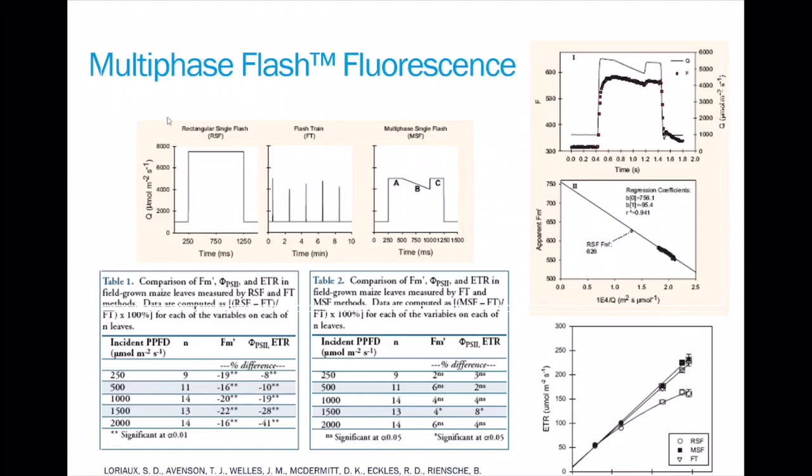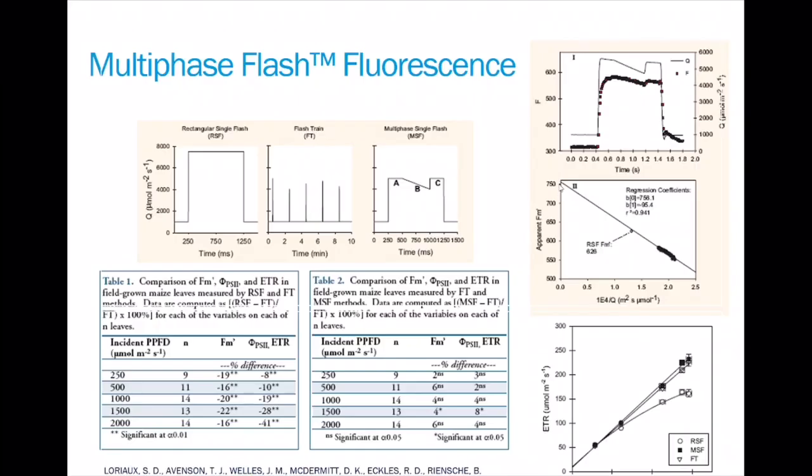If that's the case, we have a technique called multi-phase flash that allows you to assess your maximum fluorescence at infinite flash intensity. Basically you apply a flash that looks like this. It has 3 different phases that you can adjust, and the data from the ramp of intensities, the second phase, is plotted against the inverse of the light intensity during the flash, and you can see it's a very linear response.